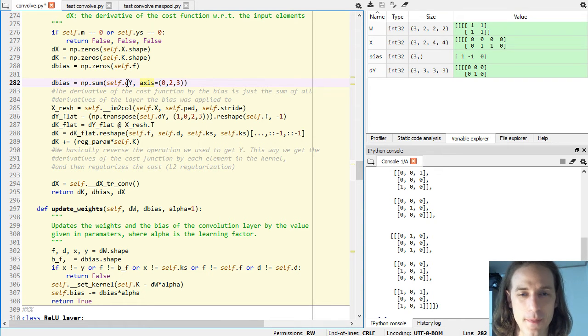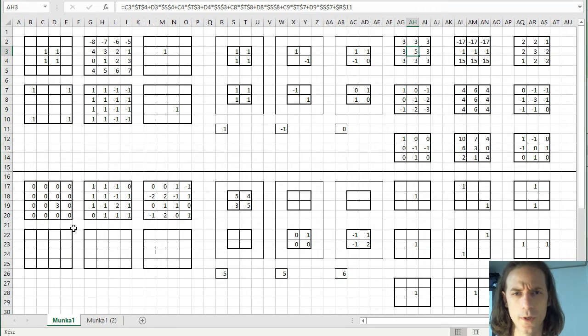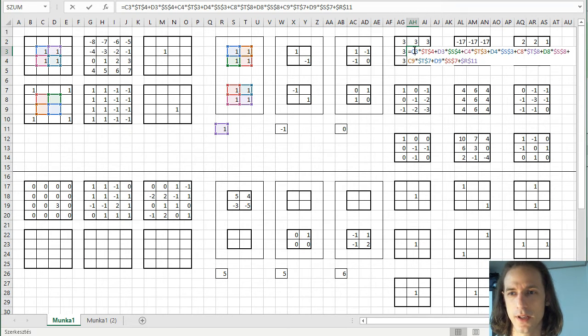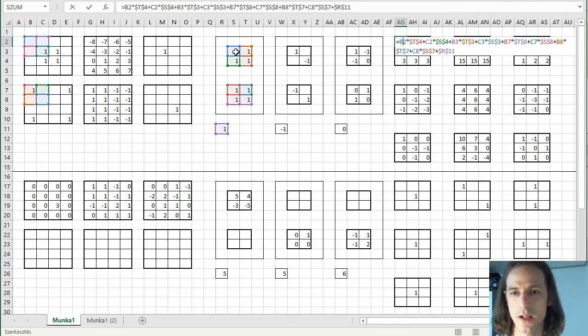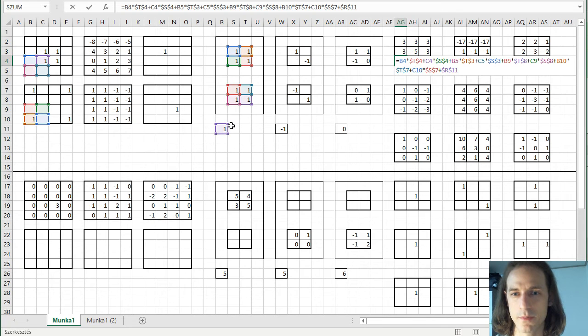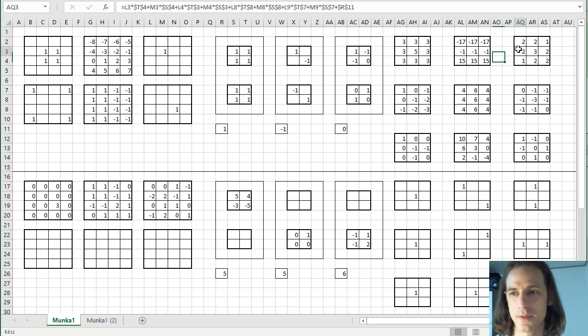You just sum up. dy is a 4-dimensional tensor. Basically, every cell in this matrix is influenced by this bias. Every cell in this matrix is influenced by that bias.